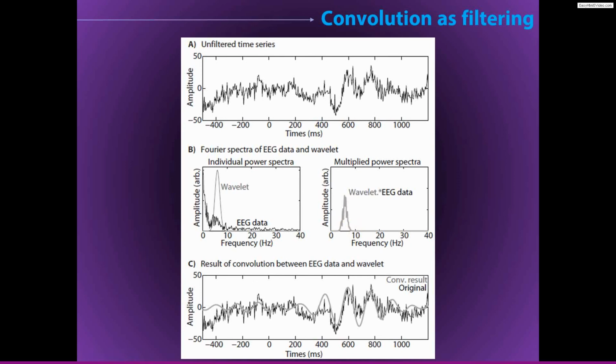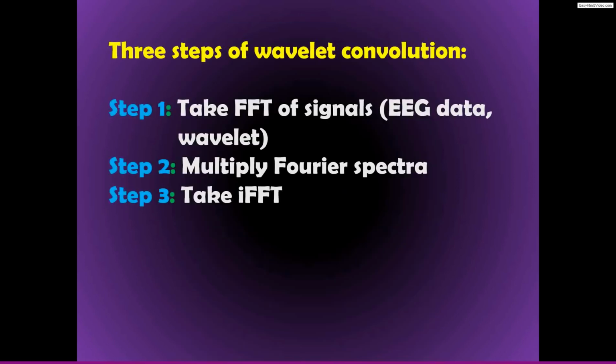So I hope this now gives you a different way of thinking about convolution and wavelet convolution in the context of time-frequency analyses. So the 3 steps of wavelet convolution via frequency domain multiplication is to take the Fourier transform of your 2 signals, multiply the Fourier spectra together point by point, so frequency by frequency, and then take the inverse Fourier transform to get back to the time domain.